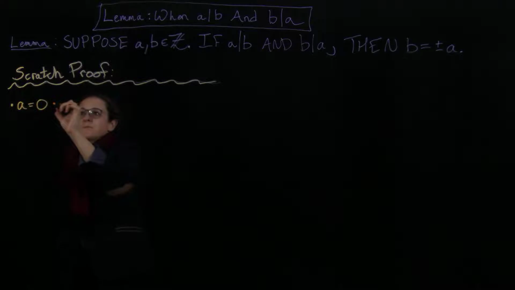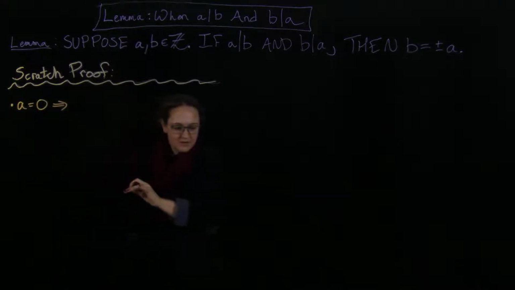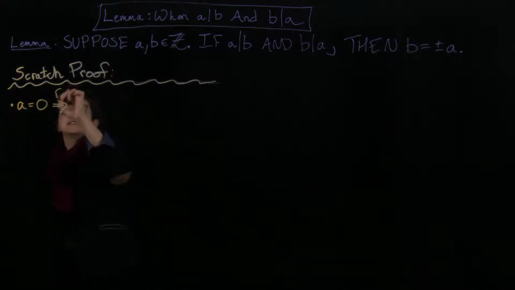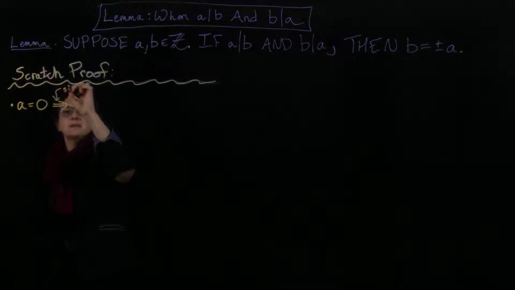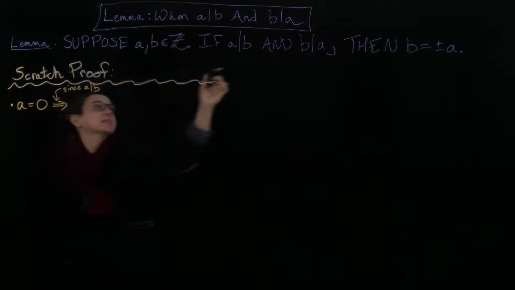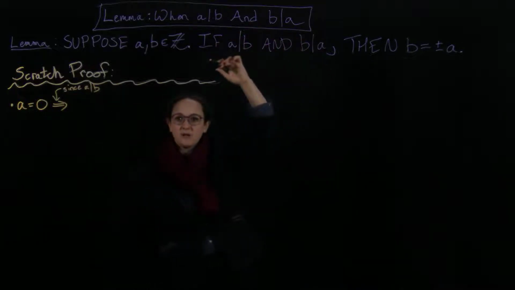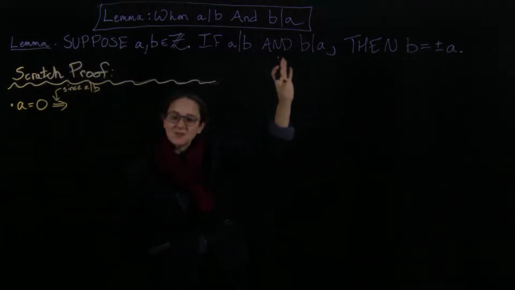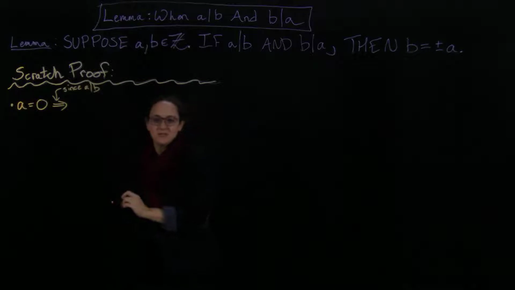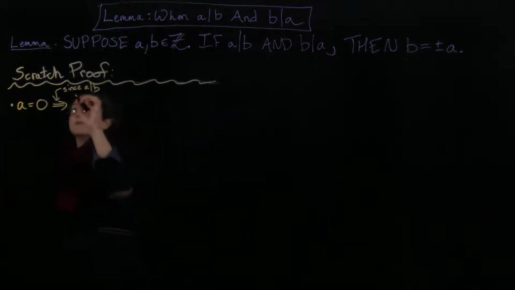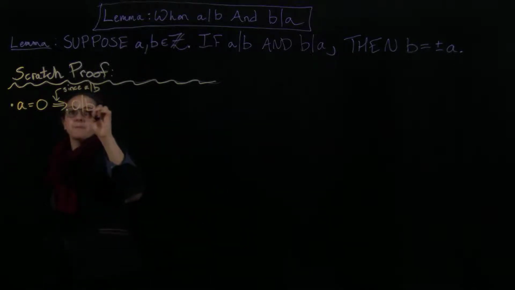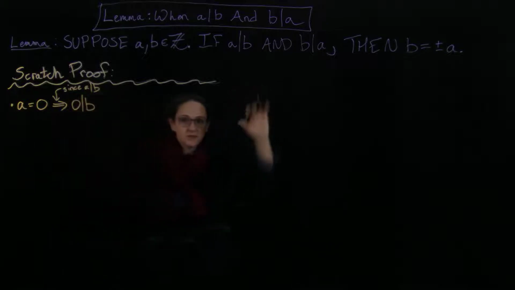Well, we know, since A divides B, right? That's in our if part of our statement, so we can assume that that's true. So since A divides B, I'm going to know that 0 divides B, because A equals 0. This is the same thing as that.